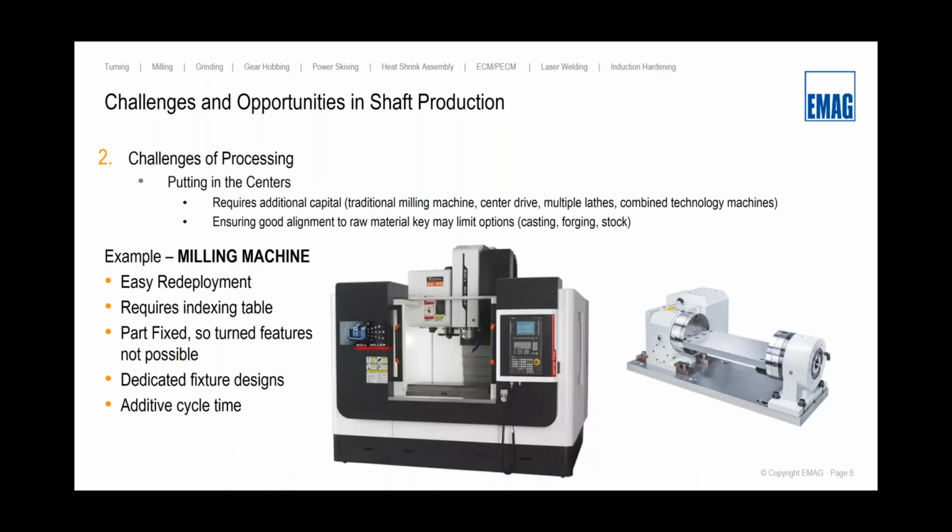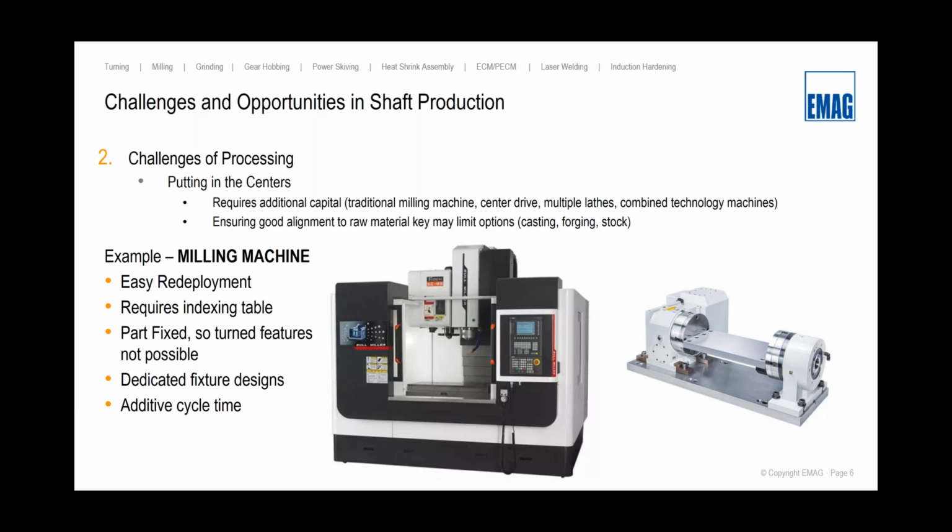So let's talk about machining the ends. Anytime you have a shaft, you do have to start with putting the centers in at a minimum and milling the end face and putting a center in. So you do have different options. Certainly a very traditional solution is to throw your part onto a table into a milling machine. The benefit of a milling machine is, most shops have excess capacity on their milling machine, or they have those assets that they can redeploy very easily to do that ends prep.